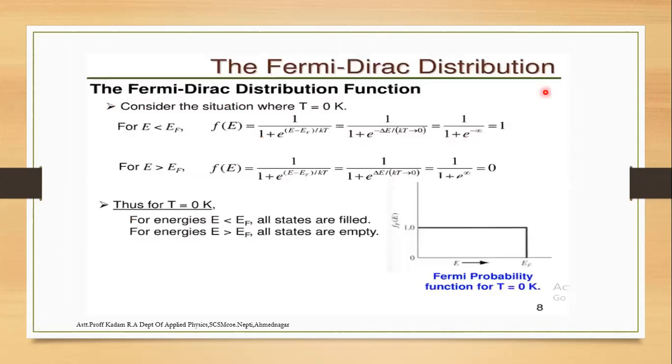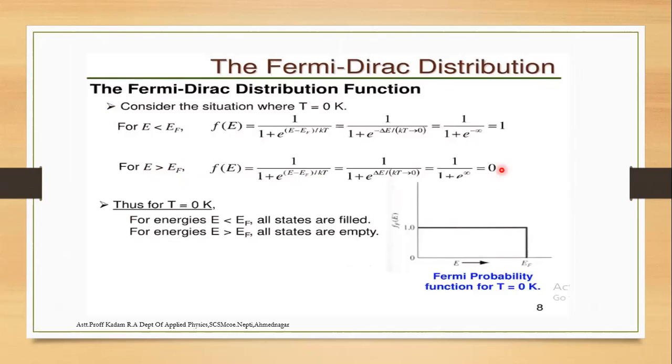The Fermi Dirac distribution considers the situation where temperature T is equal to 0 Kelvin. Then for energy E less than the Fermi level E_F, F(E) gives 1, and for E greater than E_F, it is equal to 0.